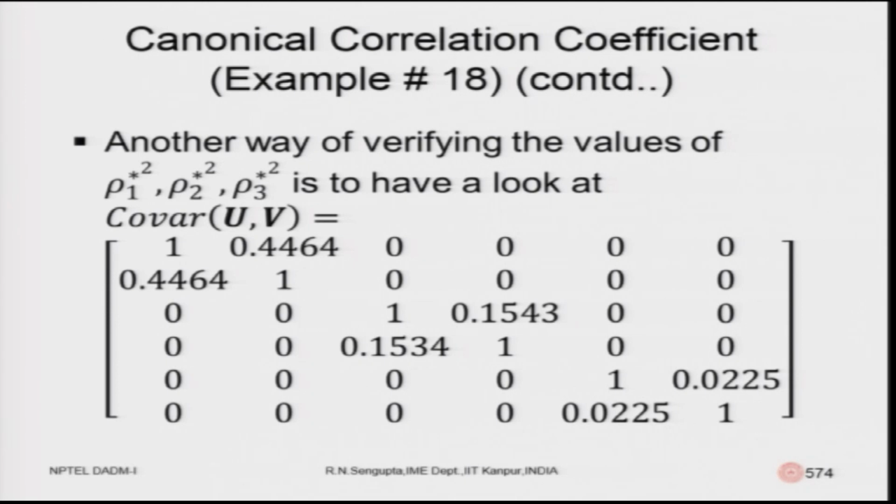Now, you want to verify the task which you have done, that means you have broken down the correlation coefficient and tried to get the maximum set of information. Another way of verifying the values of rho 1 square, rho 2 square and rho 3 square is to look at the covariances of u v. If you find the covariances of u v, they give those 0.44 values.